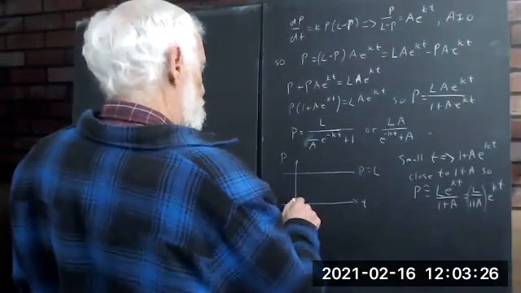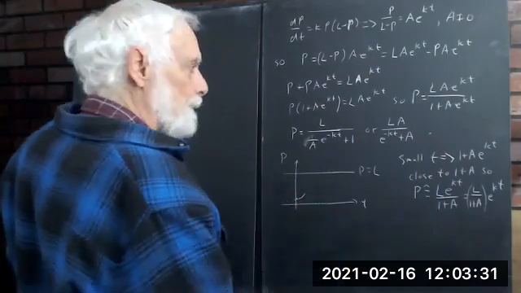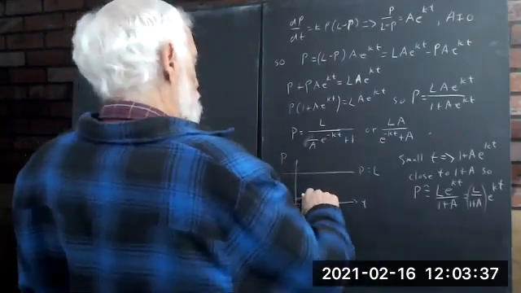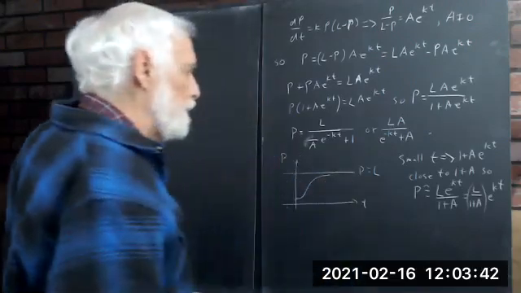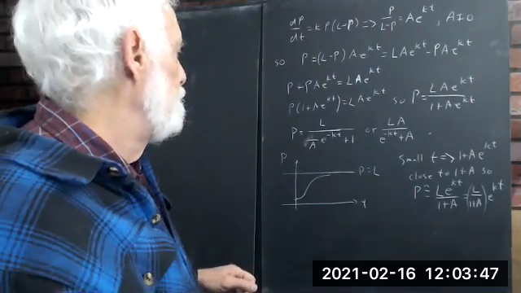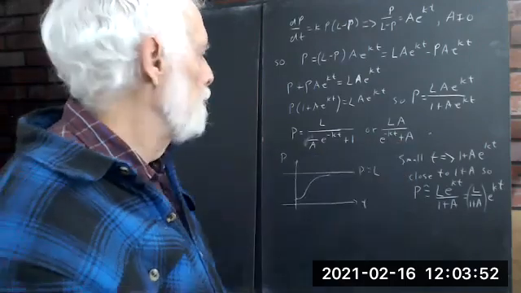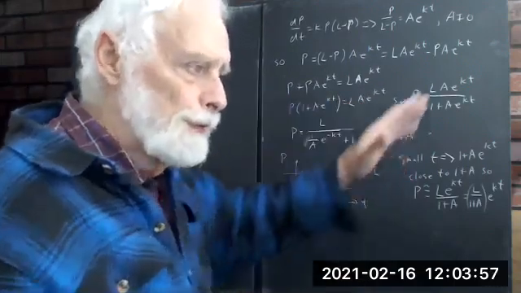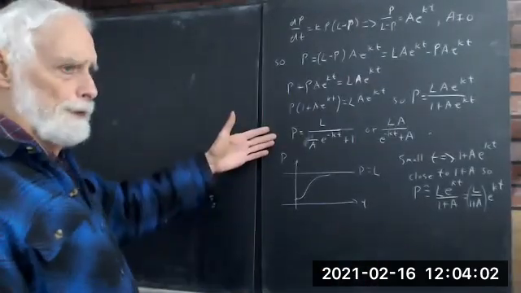Meaning you're going to have some initial population here, and you're going to grow exponentially. Now, as you approach your limiting population, e to the negative kt plus A is going to approach A, and your population is going to asymptotically approach this. Of course, you can do phase diagrams and everything else, and we've done that earlier with equations like this.